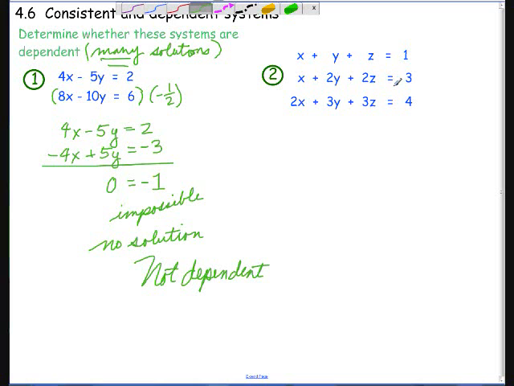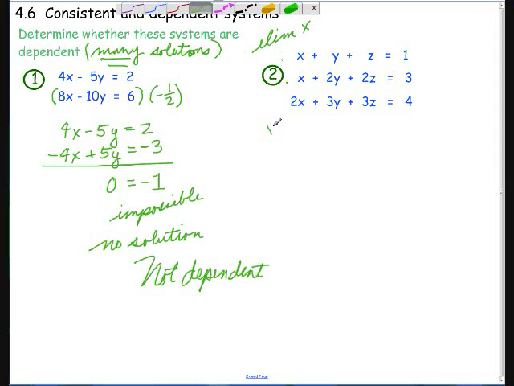How about this one? Here we have, oh, I'm so glad of this. We need a little more practice with this. Now we're going to get it. I'm going to start this off by trying to eliminate x. So I'll take equations 1 and 2, this one and this one. I'll multiply the second one by a negative 1.